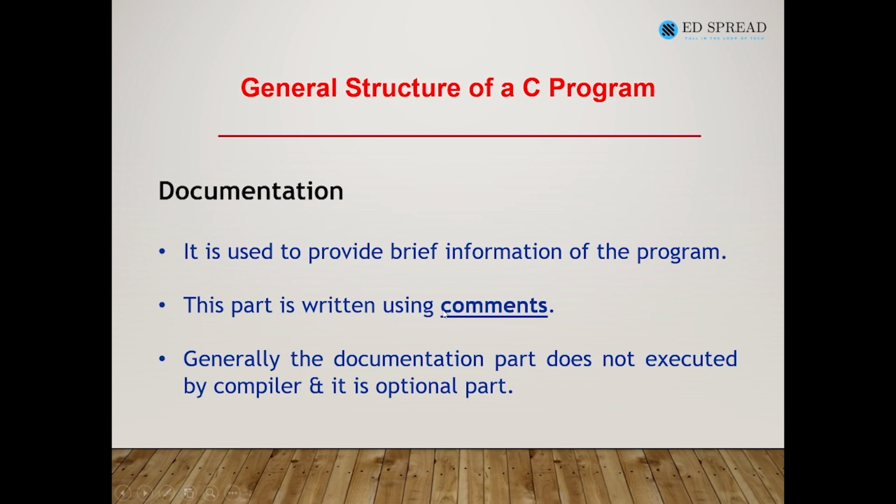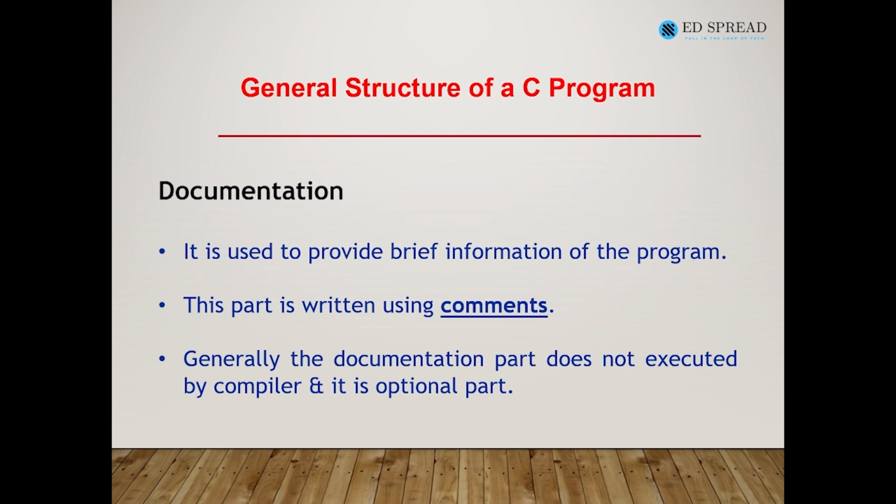So, the general structure of a C program. Documentation is used to provide brief information about the program. This part is written using comments. Comments are used when you have written something in a compiler that shouldn't be included in the program, so we write it in comments.